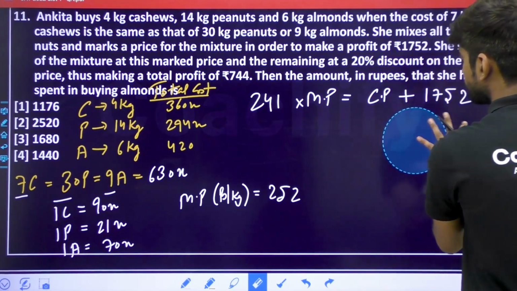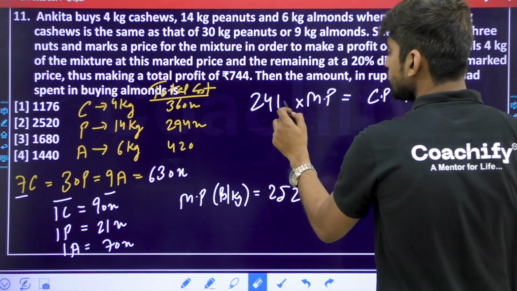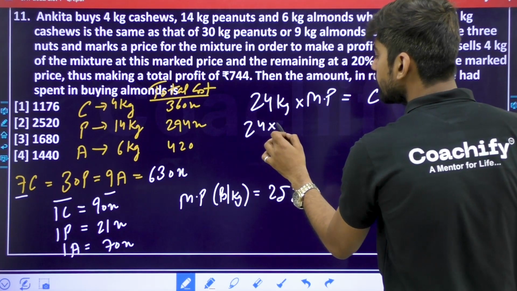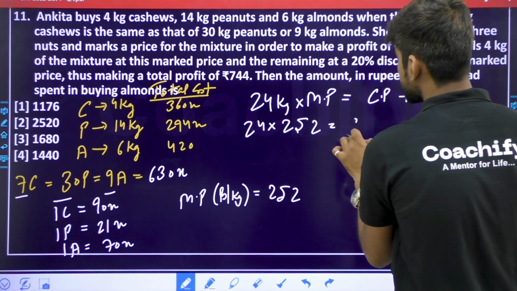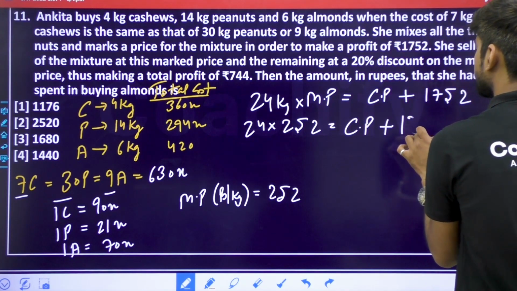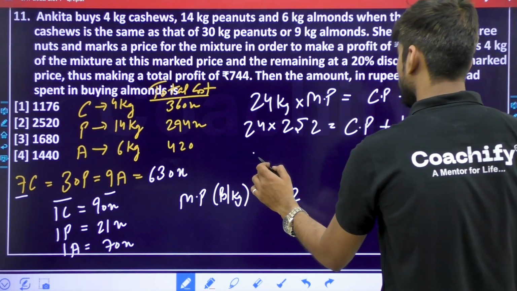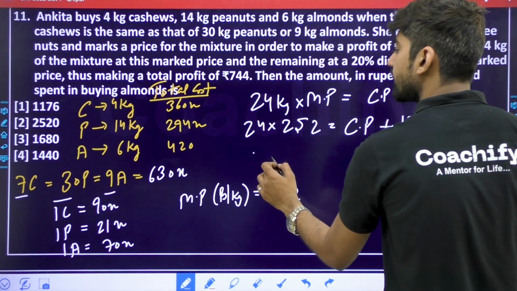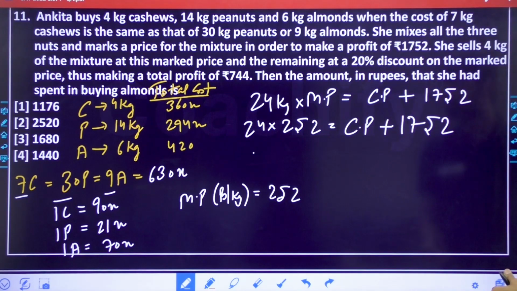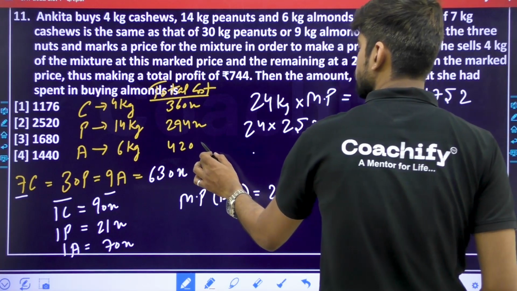Let's remove this part from here. So this will give me 24 into 252. This is my cost price and this is my 1752. So let's find out the cost price from here first, and then we'll find out the value of cost price of almonds.